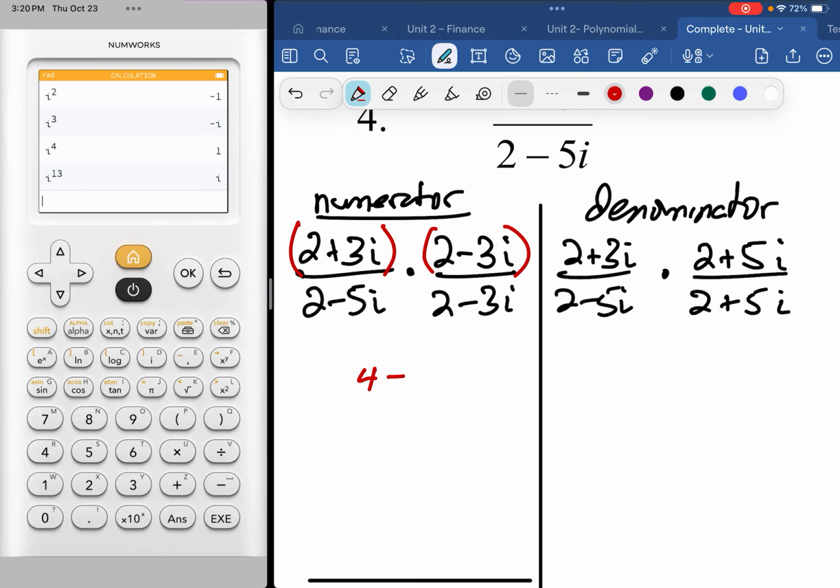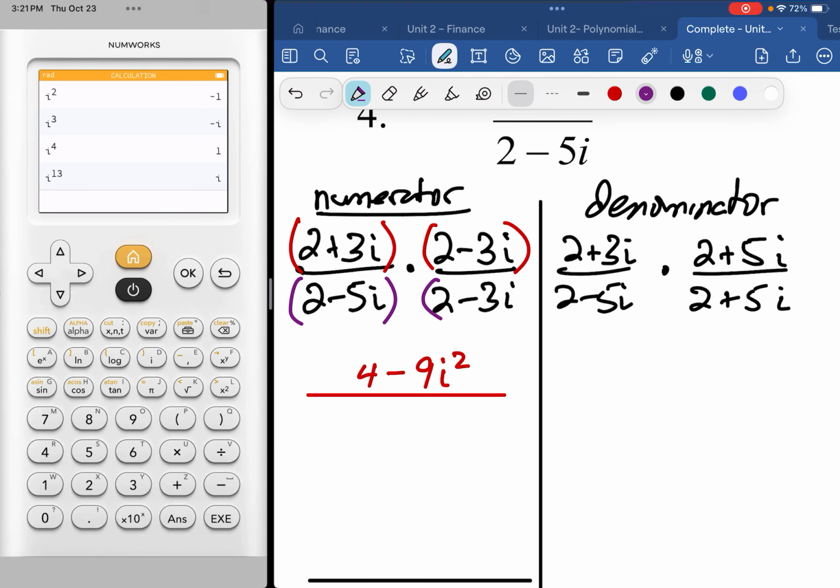Outers and inners cancel, so minus 9i squared. On the bottom, I have to do actual distributive property. All right, I'll have to show the intermediate. 4 minus 6i minus 10i plus 15i squared.